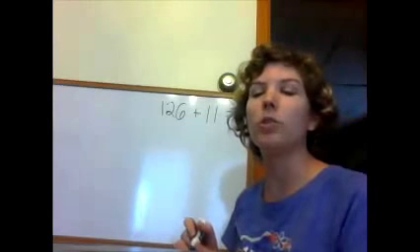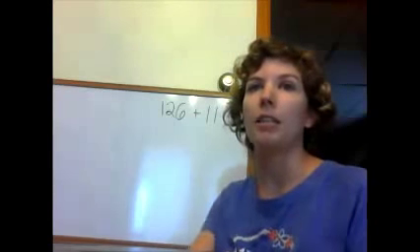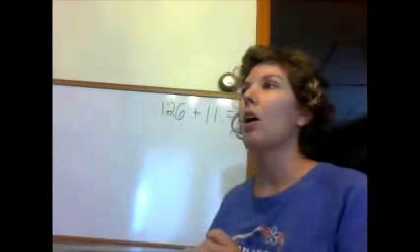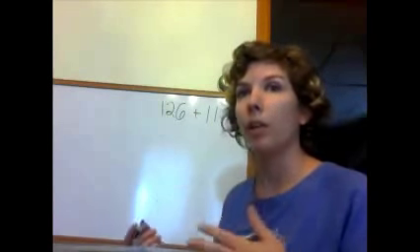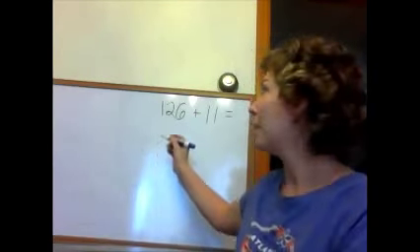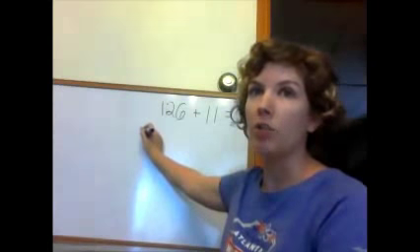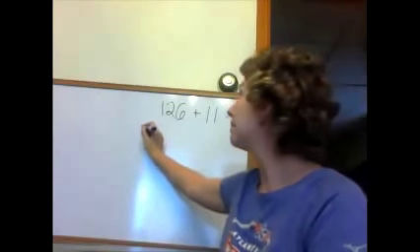And they need to add those two numbers together and figure out the sum. So I'll ask them frequently to make an HTO chart, and so that just stands for hundreds, tens, and ones.